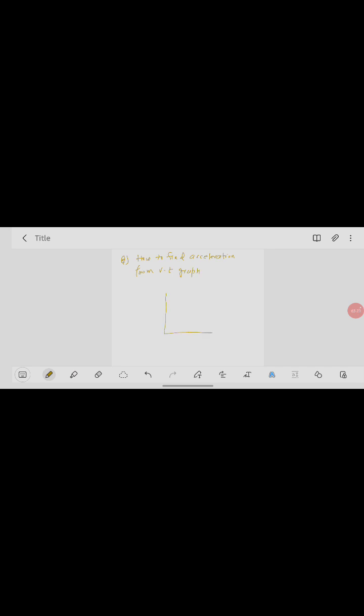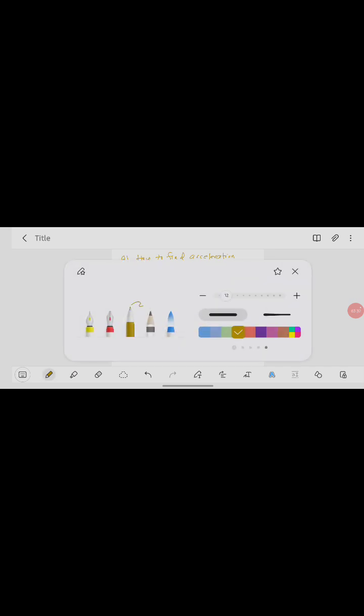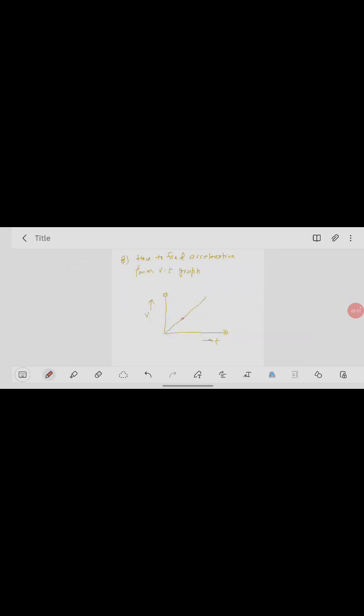For example, this is the graph, velocity and time, and there is a point. So what you need to do is take 2 points, correct? 1 point, 2 points. This is the x-axis, this is the y-axis. So this point will give you x1 and this one y1. Another point will give you x2 and this one will give you y2. We did this in the first term, yes?